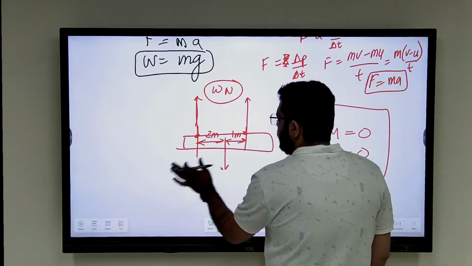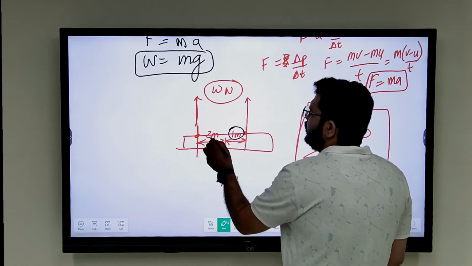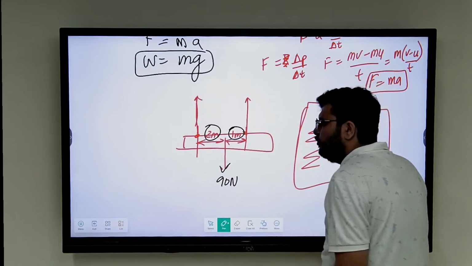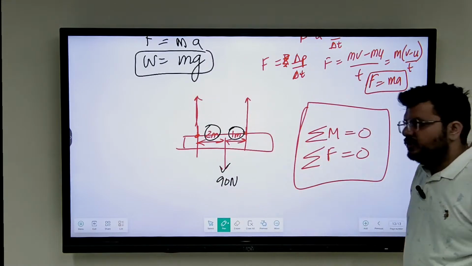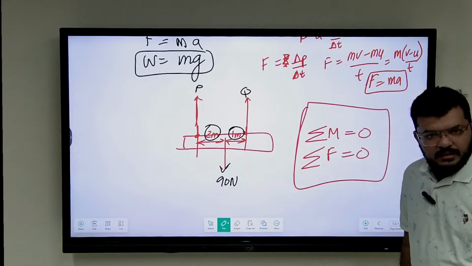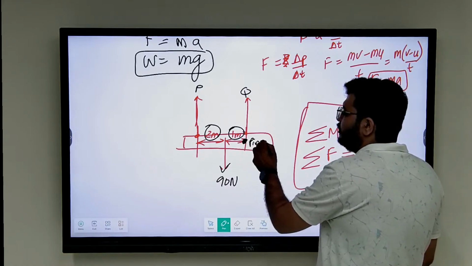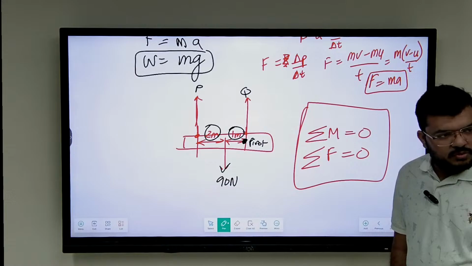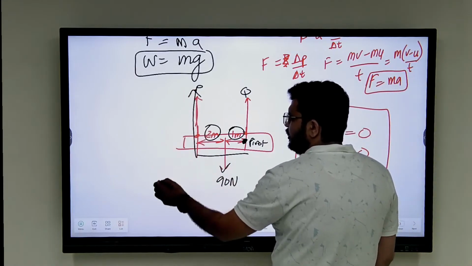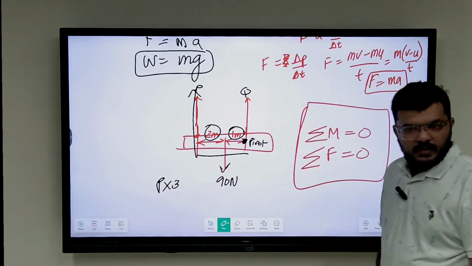Let's say this is not W Newton, let's say this is 90 Newton, this is 1 meter, this is 2 meter, and we are supposed to find how much is the reactive force from each of the supports P and Q, right? If I take this as my pivot, okay, this is where everything is going to rotate about, then at this distance this pivot is P multiplied by 3, right?